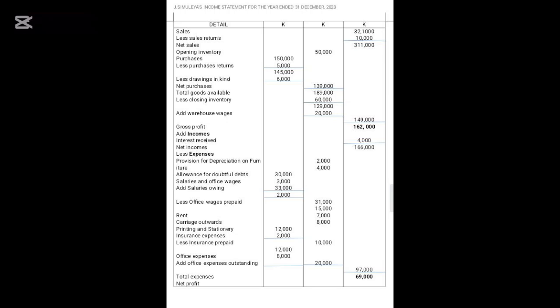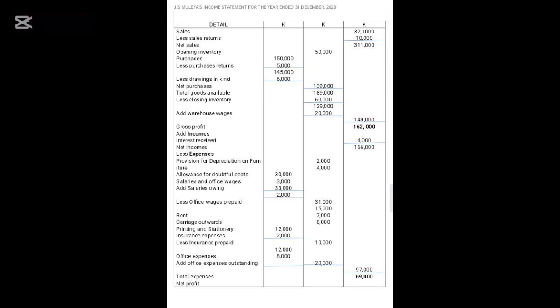Then you also check for the incomes in the additional information. Under the additional information, sometimes an income can come out from the provision for doubtful debts. If there is a decrease in the provision, that difference should be recorded as an income. So take note of that.